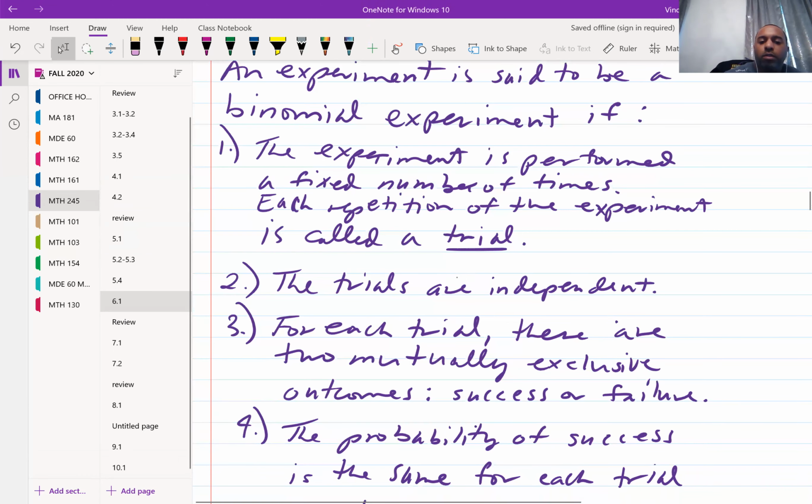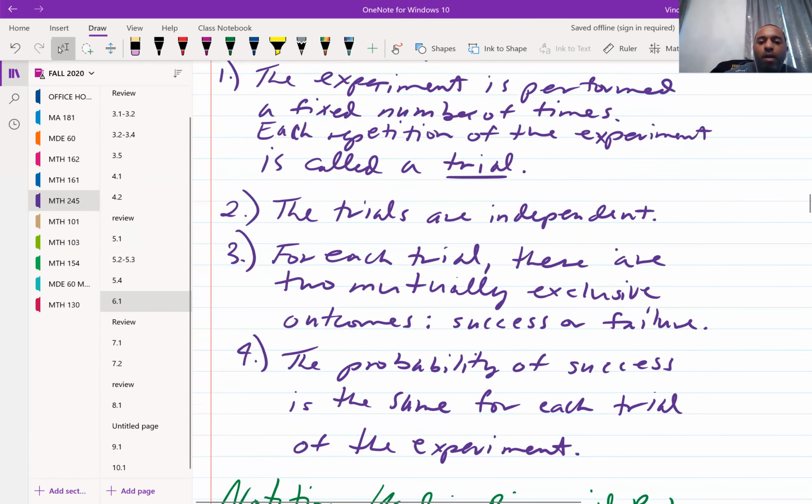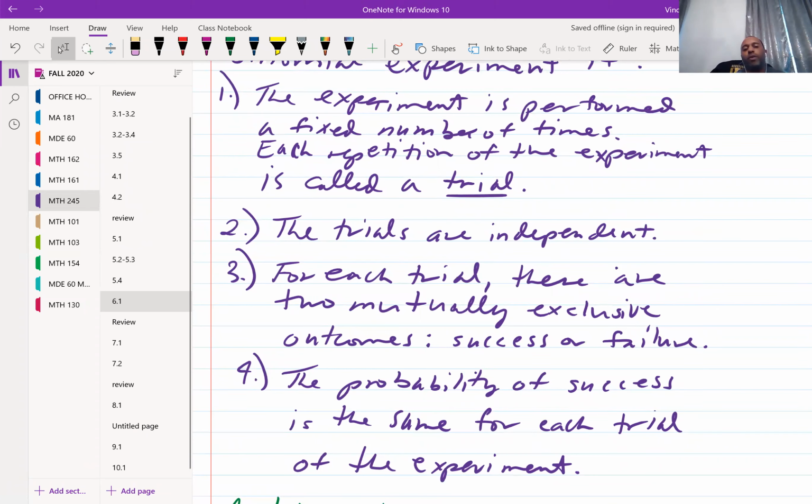The fourth criteria, the probability of success is the same for each trial of the experiment.